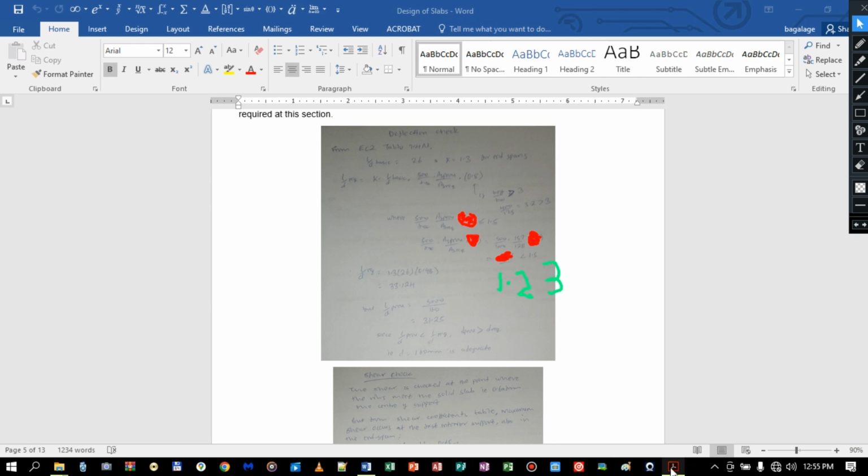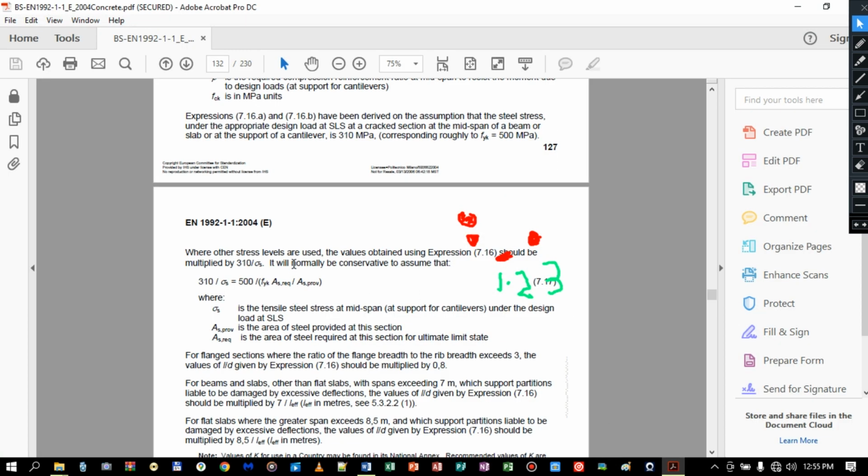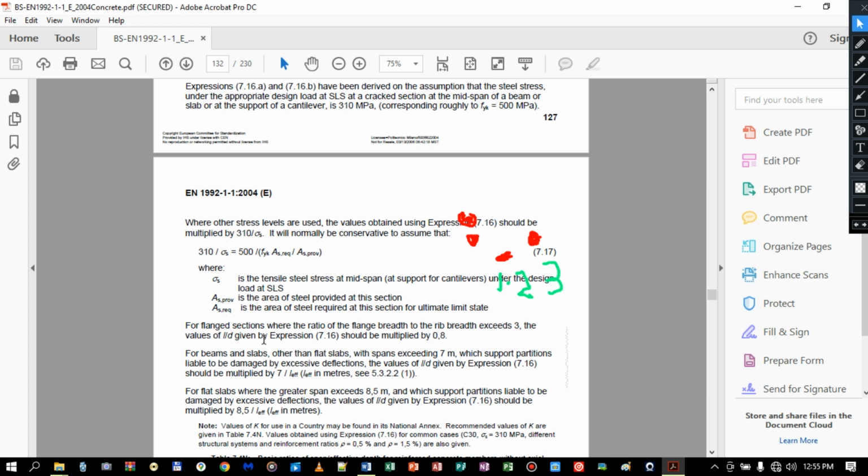From our Eurocode, it says for flanged sections where the ratio of the flange breadth to the rib breadth exceeds 3, the values should be multiplied by 0.8.